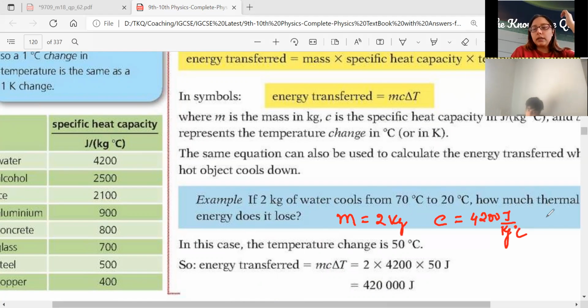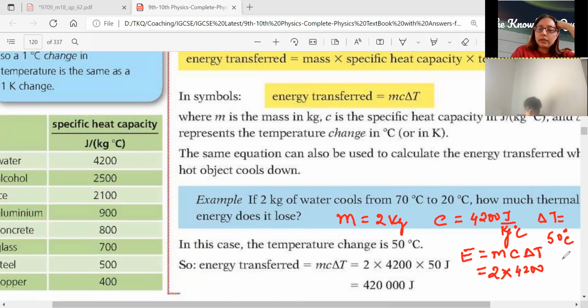And delta T is 50 degrees Celsius. Okay, now the formula: MC delta T. Then M is 2, C is 4200, delta T is 50.